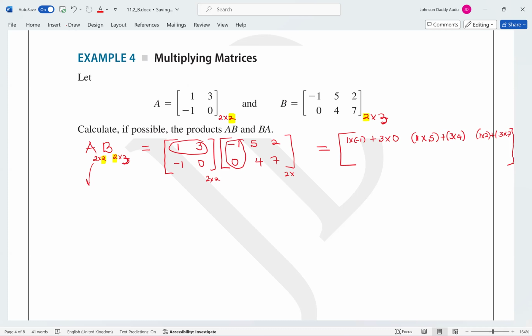Then you do the same for the second row. So we are done with the first row. Now the second row, you take the element in the second row and you do the same. So it's going to be minus 1 times minus 1 plus 0 times 0.